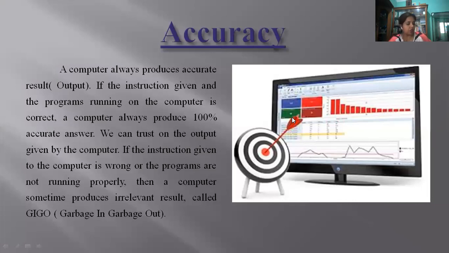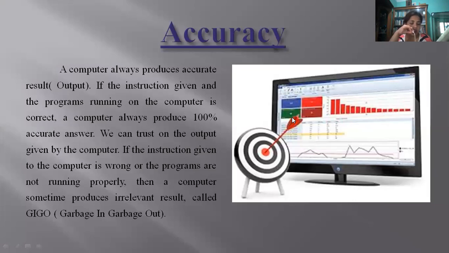Sometimes the user fails to provide the proper input, hence the computer produces the irrelevant result.